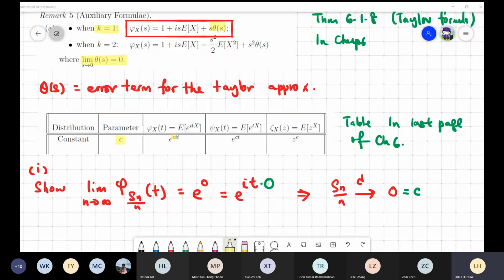I hope you guys can remember this picture, this diagram.